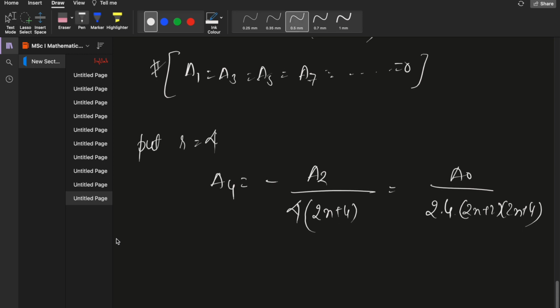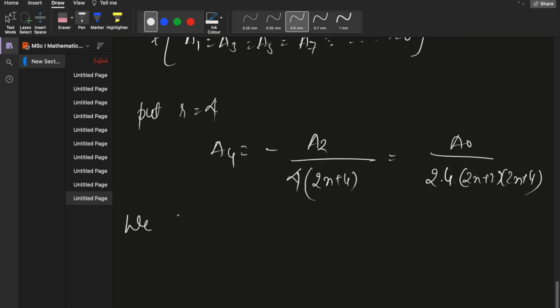So now we need to put this value in our generalized solution. What we have assumed as the solution is y equals summation r from 0 to infinity ar x to the power k plus r.